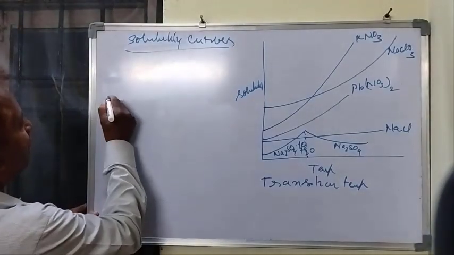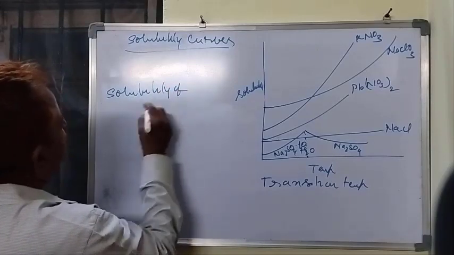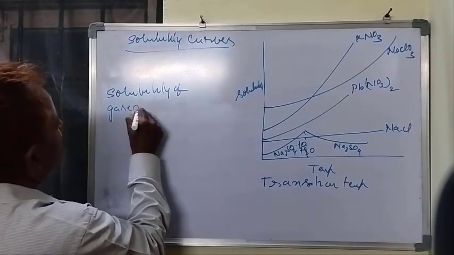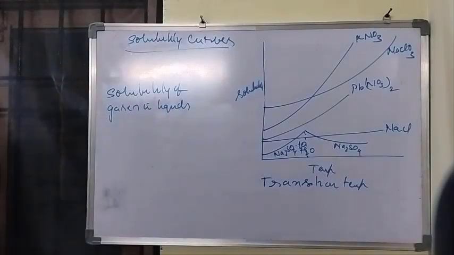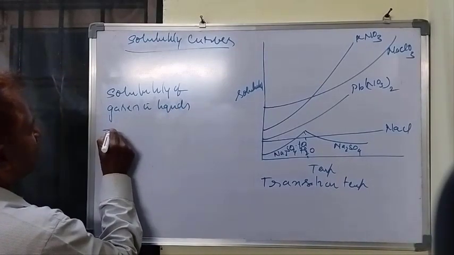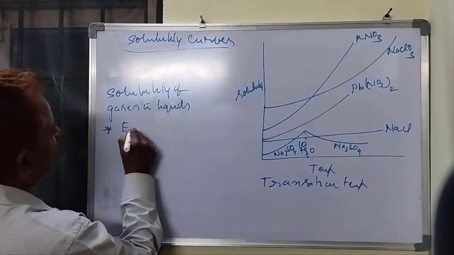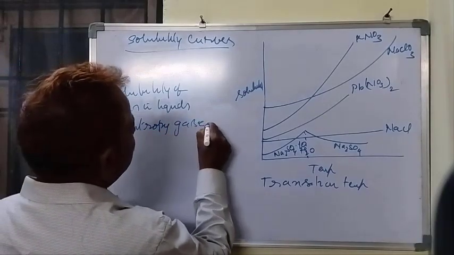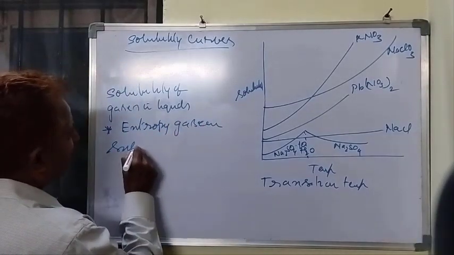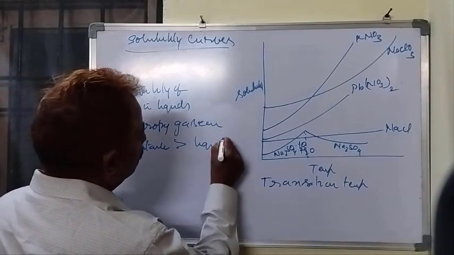Now, solubility of gases in liquids. Now we know that the entropy of gaseous substances is greater than that of liquids.